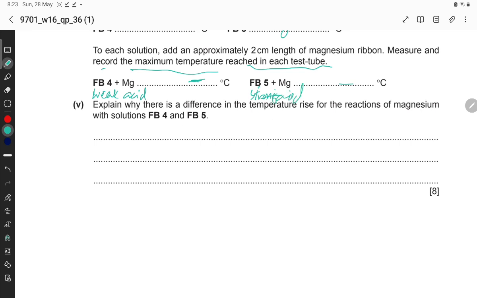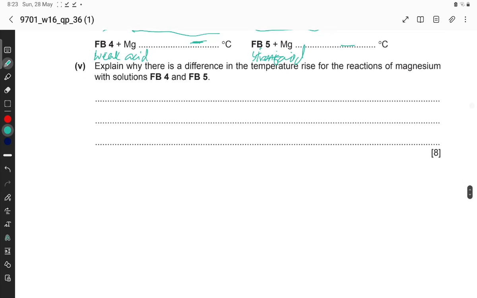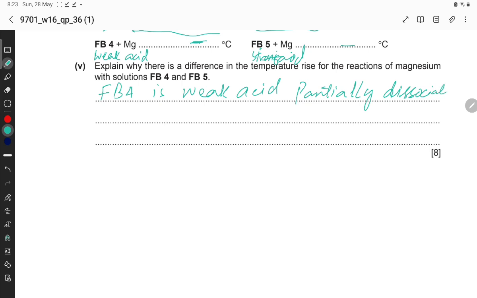Explain why there is a difference in the temperature rise for the reactions of magnesium with solutions FB4 and FB5. As FB4 is a weak acid, it partially dissociates and has a slow reaction.